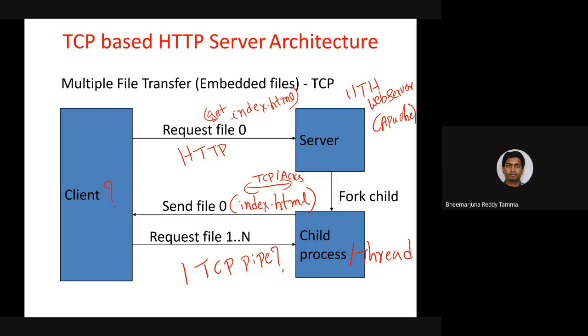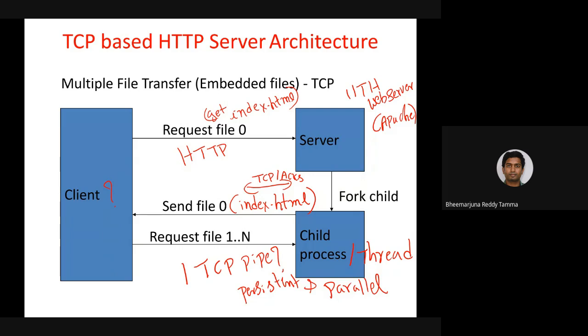It's not that they're mutually exclusive. We can actually use them in combination, where I can create multiple TCP pipes and keep them open, so that I can not only receive the current files, I can use the same pipes for getting future files or objects.